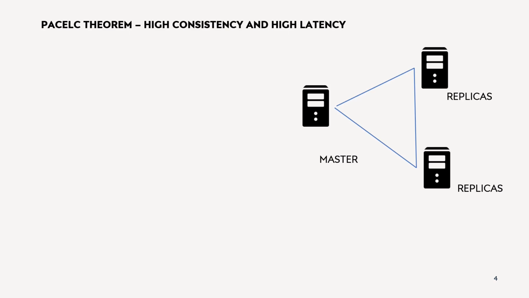When a user wants to have a request processed, if you are choosing high consistency and you're okay with high latency, then when the request goes to the master server, it is going to update all the replicas at the same time. Whatever processing is done by the master is going to be in sync in all the replica servers. Then you will get the response from the server.